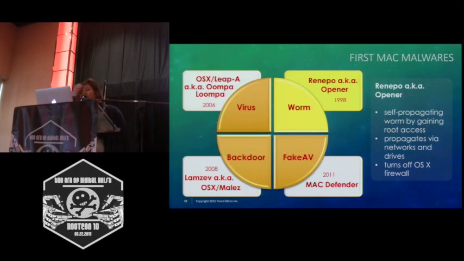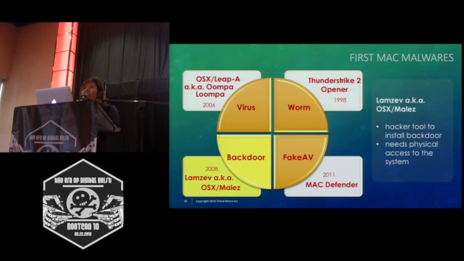For the first worm, Renepo, also known as Opener, it was first seen in the wild in 1998. It self-propagates by gaining access to the root of the system. After gaining root access, it creates a new admin-level user, and this one is used to gain access to subsequent systems.